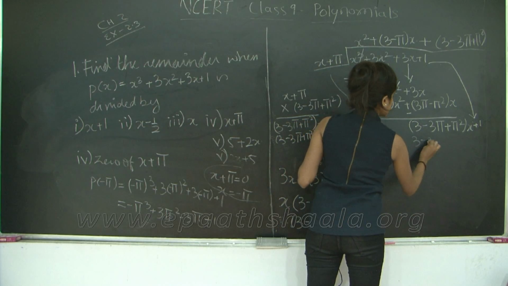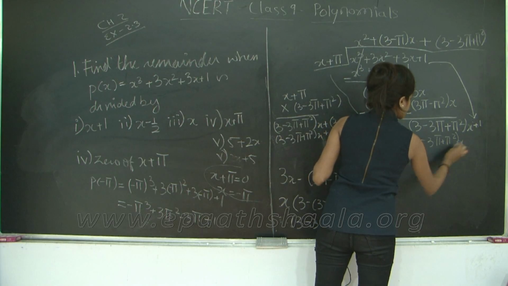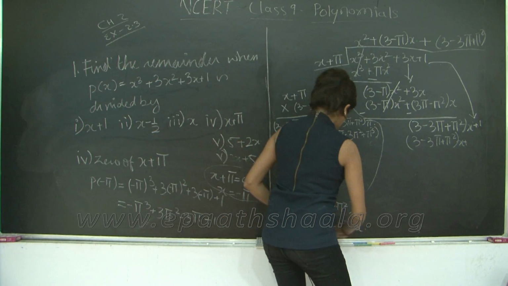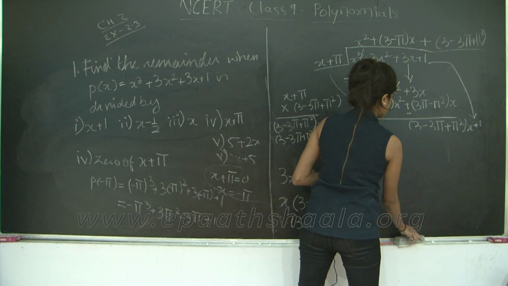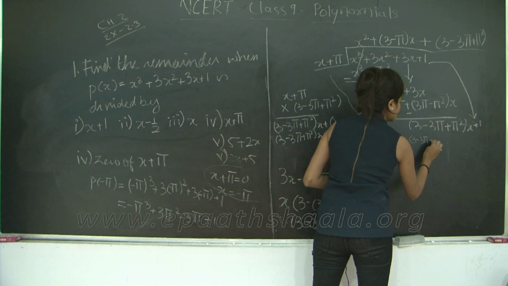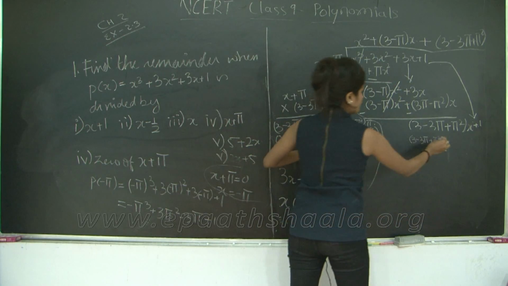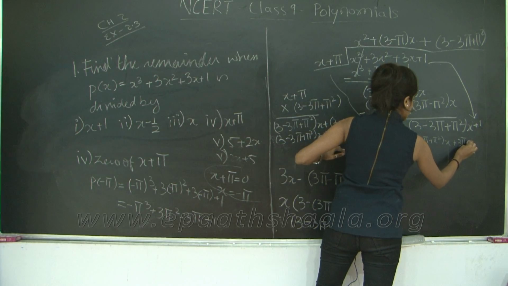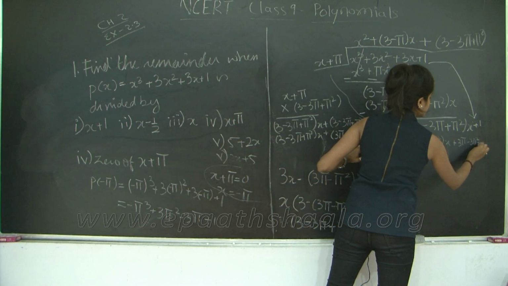So this will be 3 minus 3 pi plus pi square x, plus this term. I'll just erase it and shift this a little bit over here. 3 minus 3 pi plus pi square into x plus 3 pi minus 3 pi square plus pi cube.